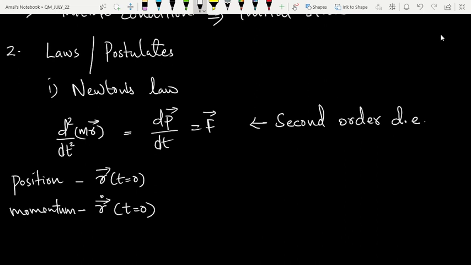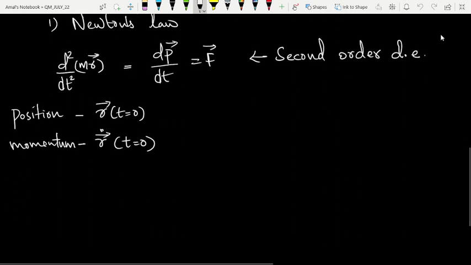Okay, and there are equivalent ways of describing the motion. That is, there are equivalent ways to represent this law mathematically. One is Newton's law. Then you may have already studied Lagrange's equation.